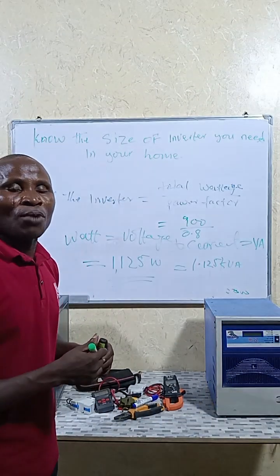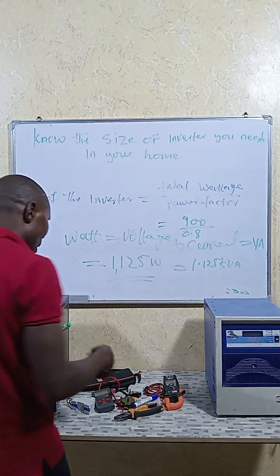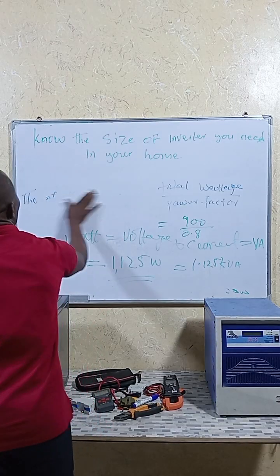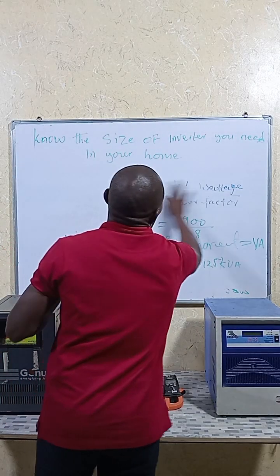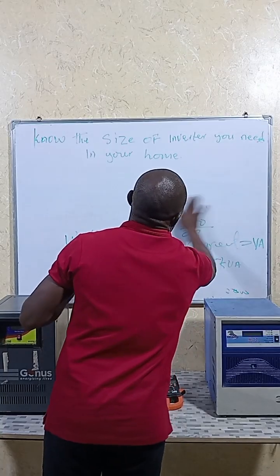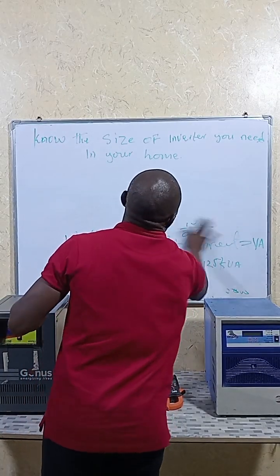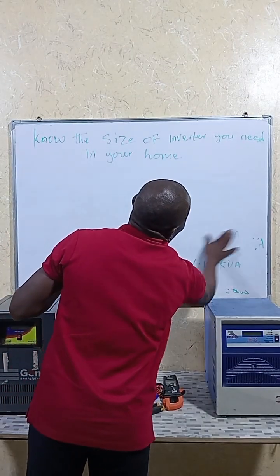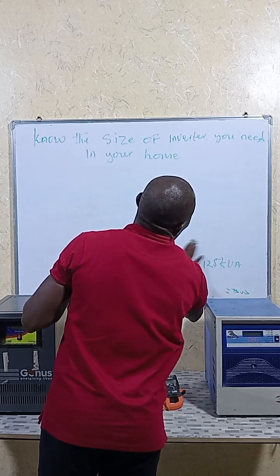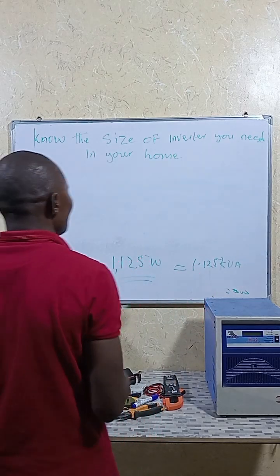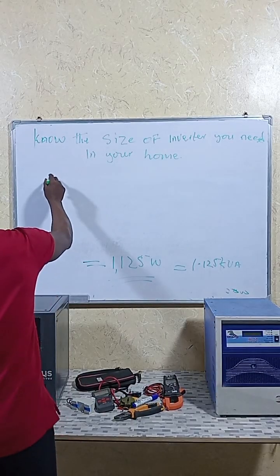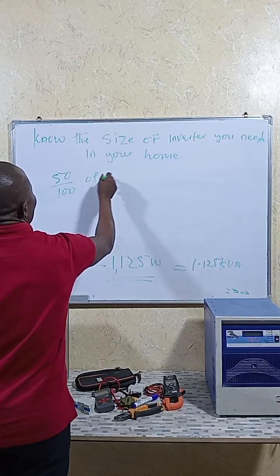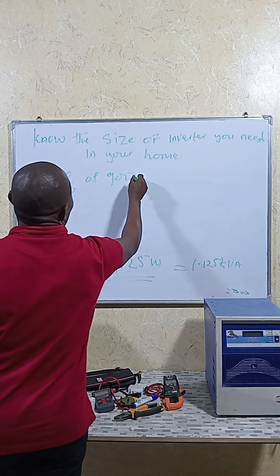And that is why, when you add from here, you take the 50 over 100 of 900 watts.